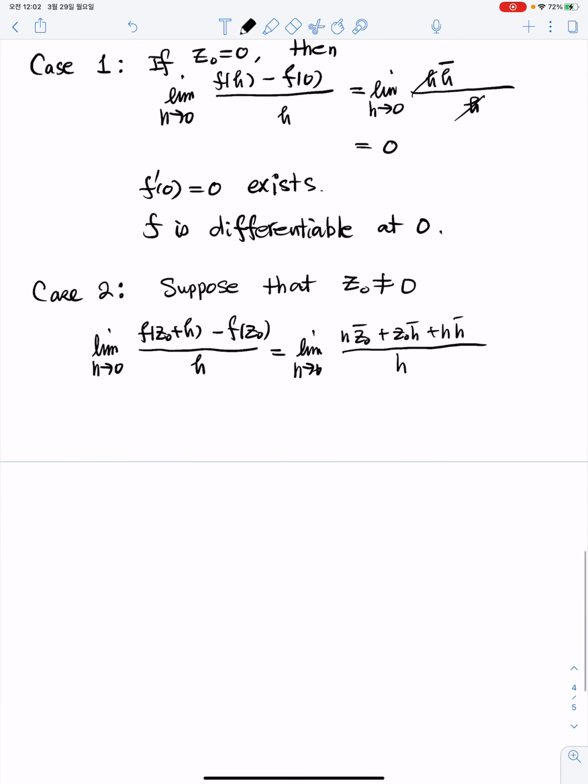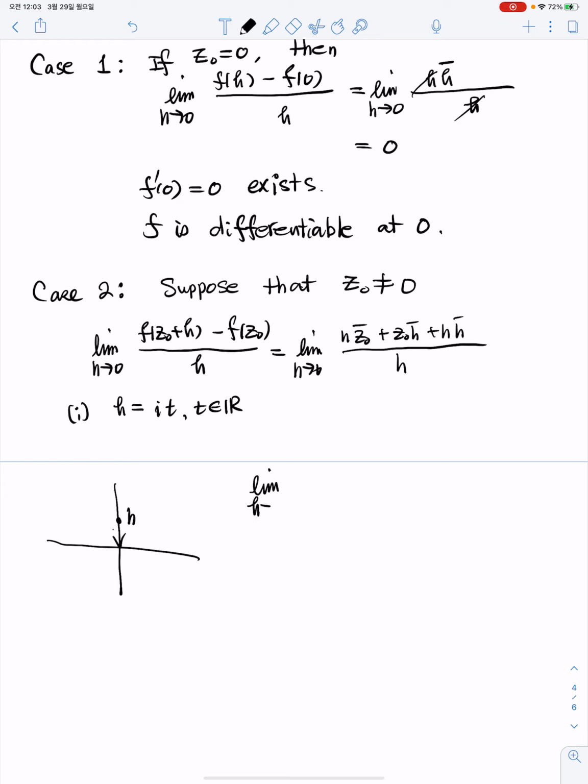So here again, let's take h to be it, where t is real. That means we approach along the imaginary axis.